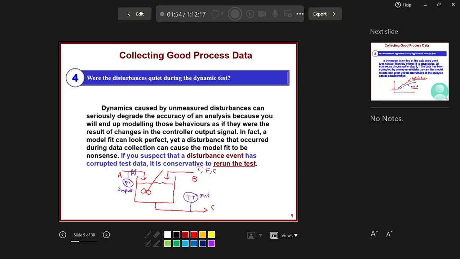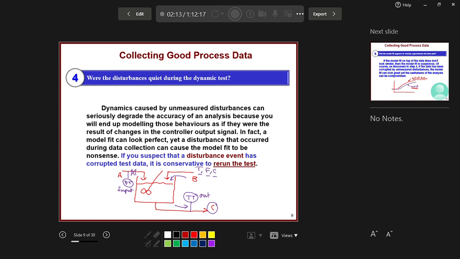So if for any reason any one of these variables change during doing the test, then the dynamics caused by the change of the disturbance will affect the dynamics that you are collecting, the dynamics of stream C temperature.